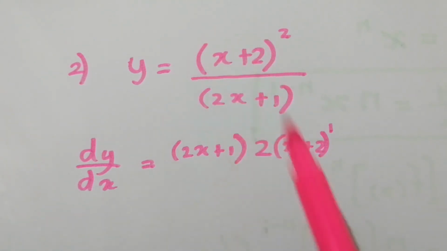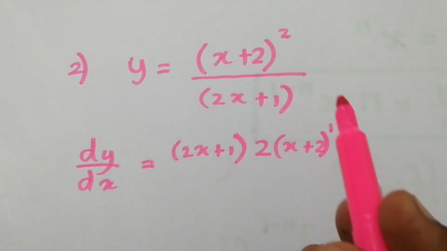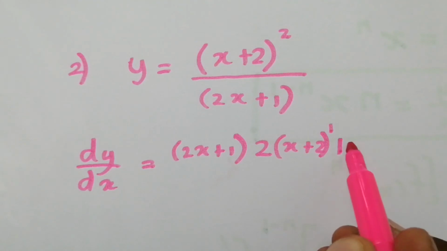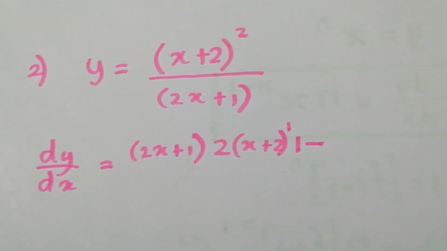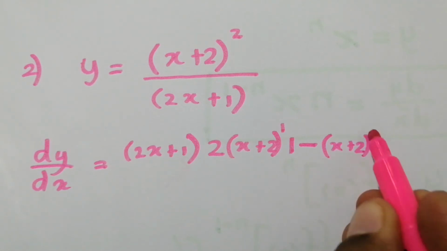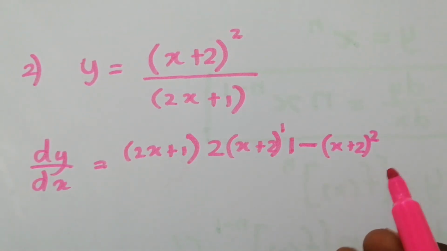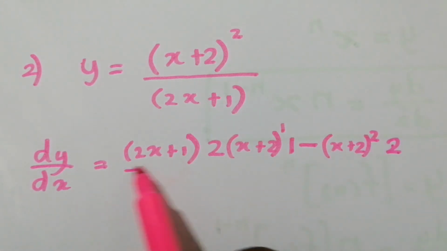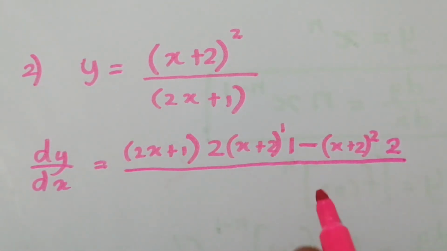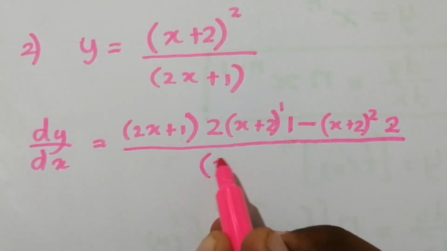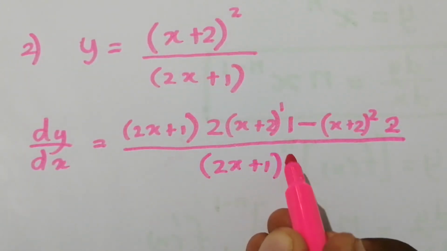The derivative of x is 1 and of 2 is 0, so you can write it as 1, minus the numerator times the derivative of the denominator, which is 2, upon the square of the denominator, (2x plus 1) whole squared.